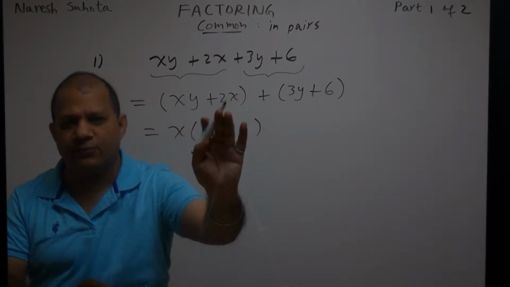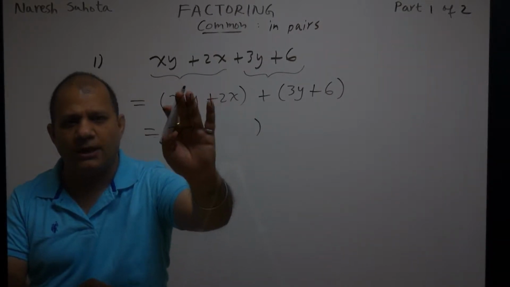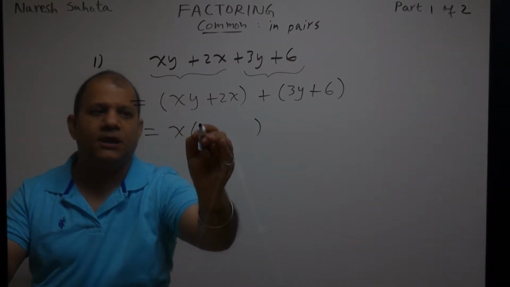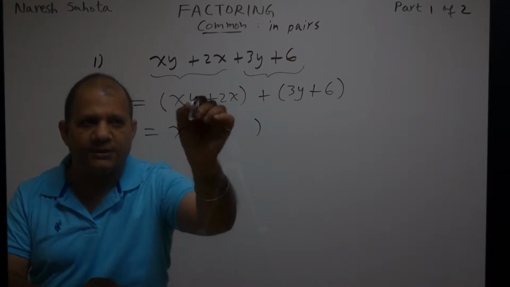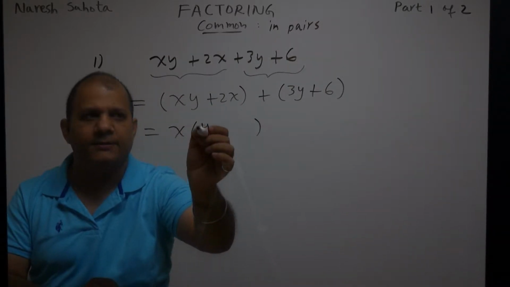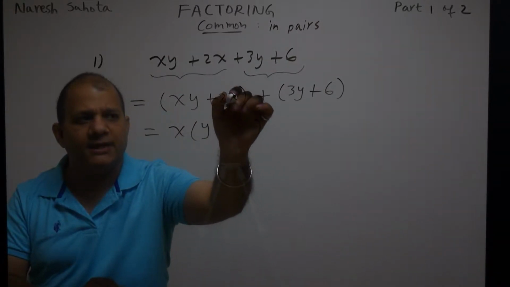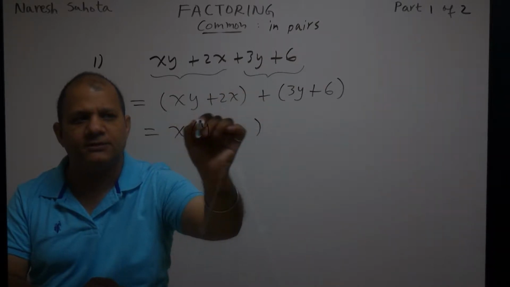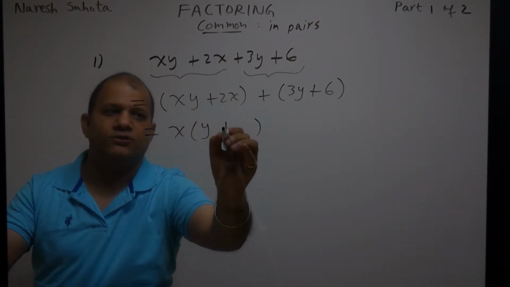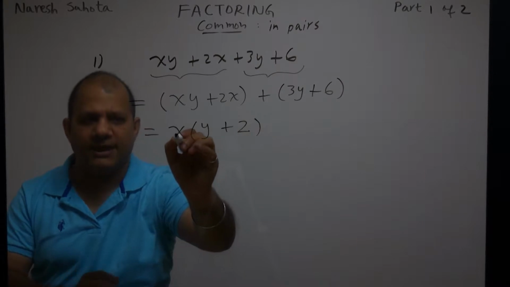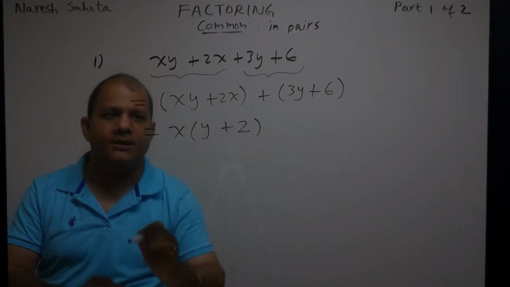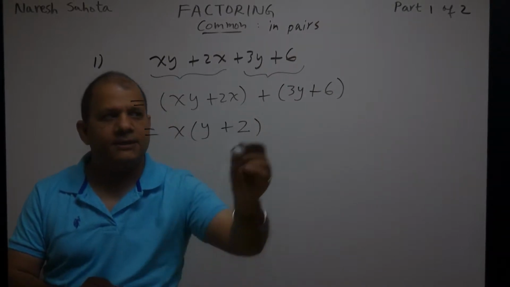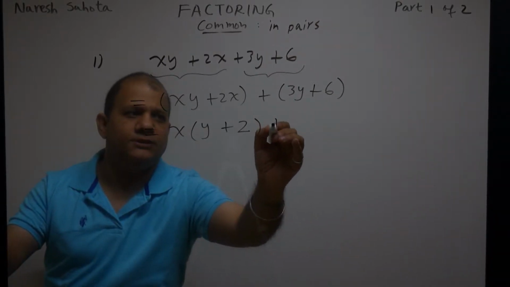From xy I pull out x, and I'm left with y, because x times y gives xy. From 2x I pull out x, and the other factor is 2, because x times 2 gives 2x. So we're done with the first bracket.